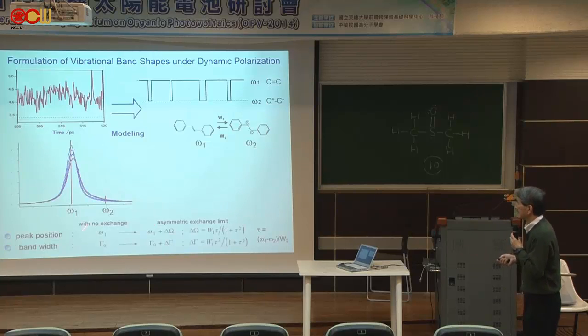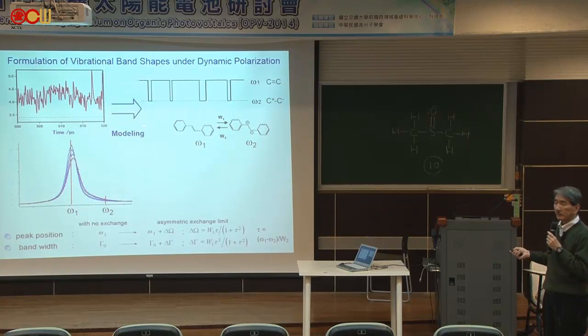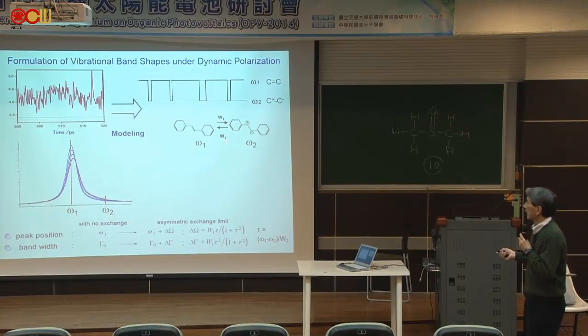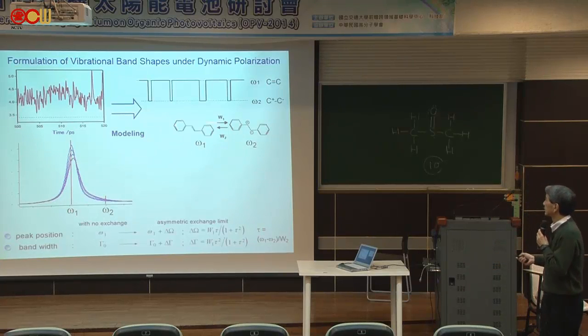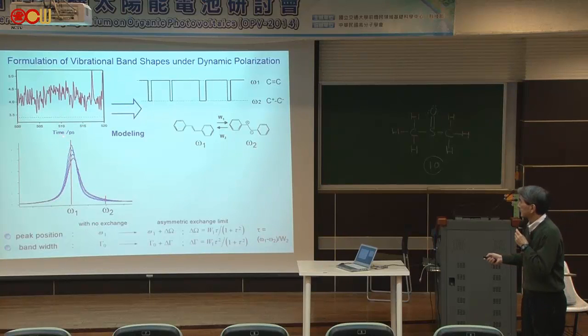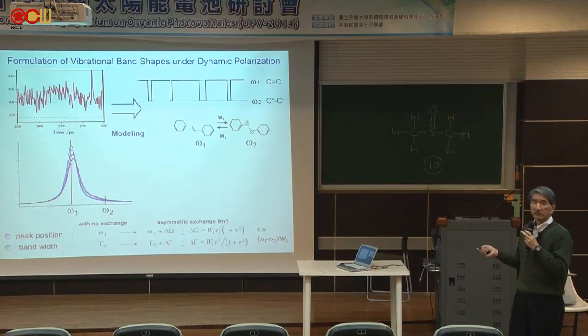We formulated the band shape and peak position when we have this kind of dynamics, which is called exchange dynamics. And we found that if we have no exchange, we have the band here, omega 1. But if we have exchange like that, then the band changes like that. It goes closer to omega 2 because it occasionally goes to omega 2.